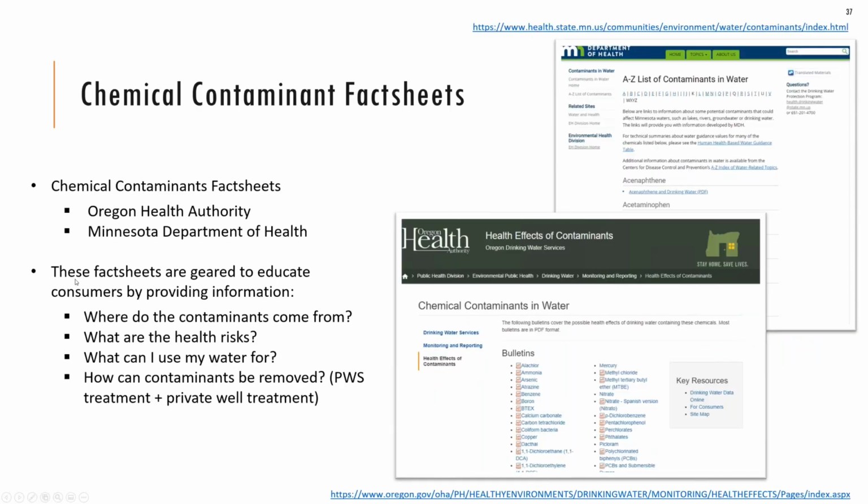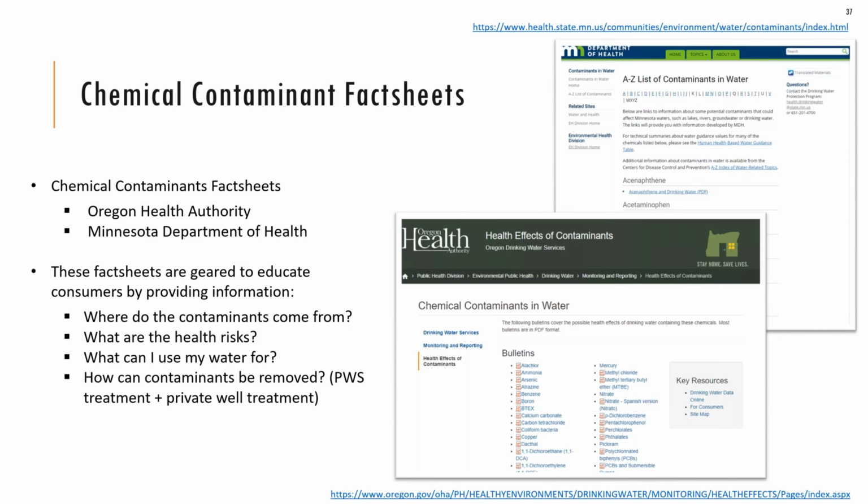Oregon Health Authority and Minnesota Department of Health also have these very short fact sheets on individual contaminants found in drinking water. These fact sheets are less technical and are geared more towards educating the public and providing information on where these contaminants come from, the health risks of consuming these individual contaminants, guidance values for those contaminants, what customers can use their water for, even if the contaminants are present, and how these contaminants can be removed.